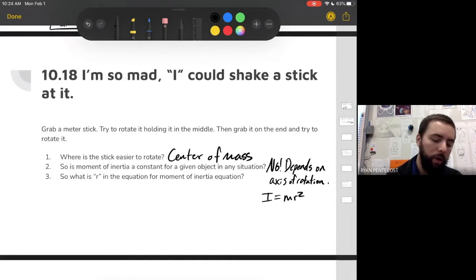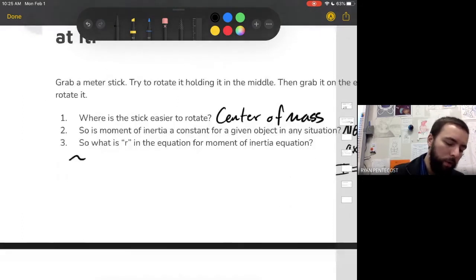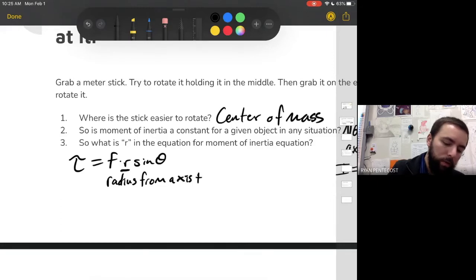Now, what is r in the equation? Okay, R, like a lot of our equations, has a very specific definition, right? So when we have torque, right, being Fr sine theta, that R, right, is the radius from the axis to the force.